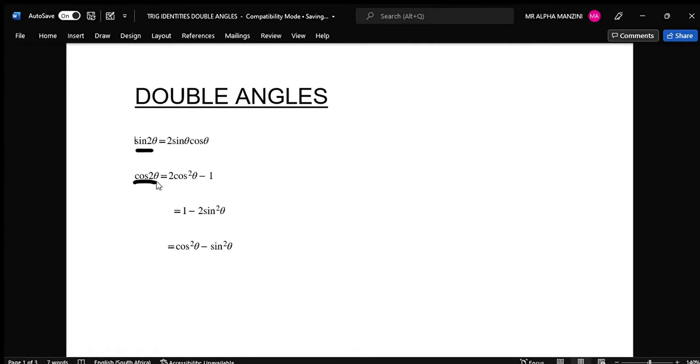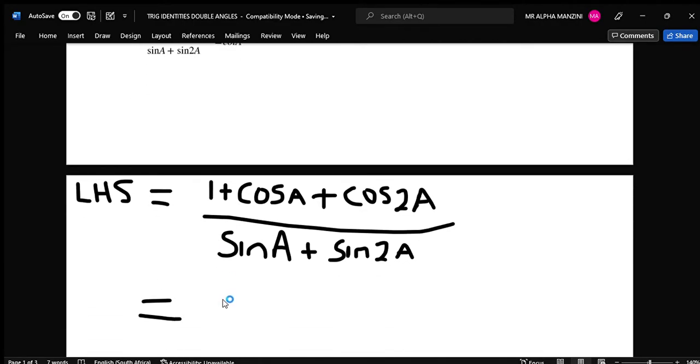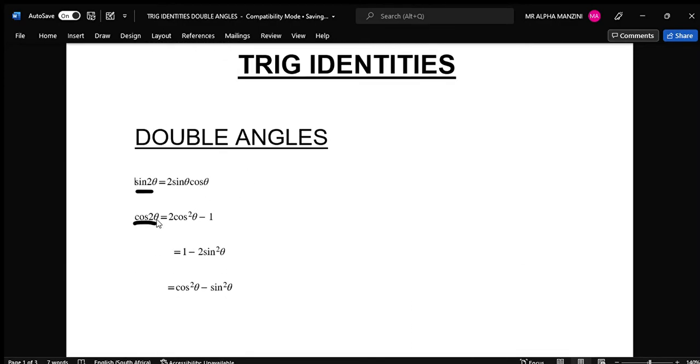So from here we have 1 plus cos A plus cos 2A. Since at the top we only have cos and cos, we're going to replace cos 2A with the formula with cos only, no sine.